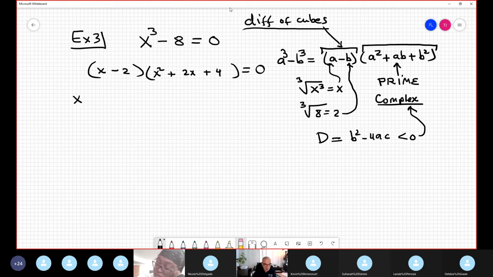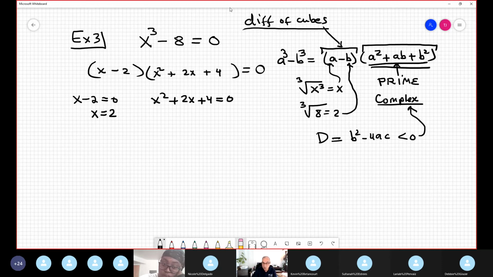I separate this equation into a linear equation, x equal to 2, so at least we have in hand one solution, and the quadratic equation here. I know it's impossible to factor because this trinomial always comes out prime. So the only possibility for the solutions of this equation is using the quadratic formula. A is 1, B is 2, and C is 4. Let's do it. So, the quadratic formula.